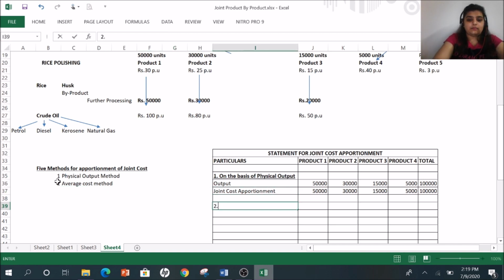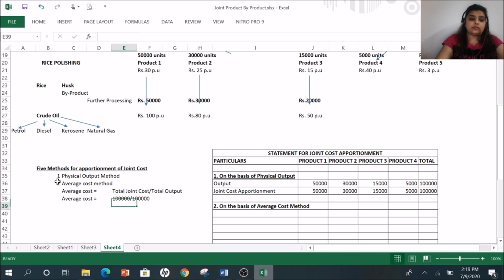So now the second method, that is on the basis of average cost method. First we are going to calculate an average cost. What is average cost? Average cost will be equal to total joint cost divided by total output. So that is equal to 1 lakh of my joint cost divided by 1 lakh units, which is rupees 1 per unit.